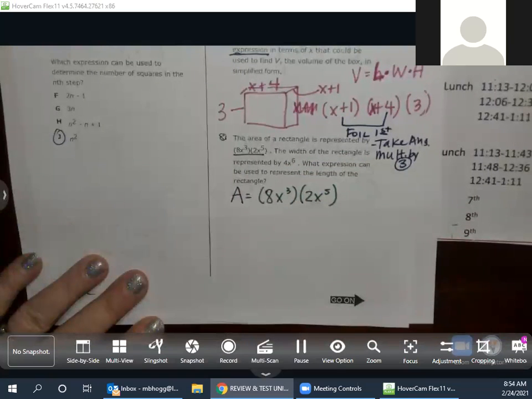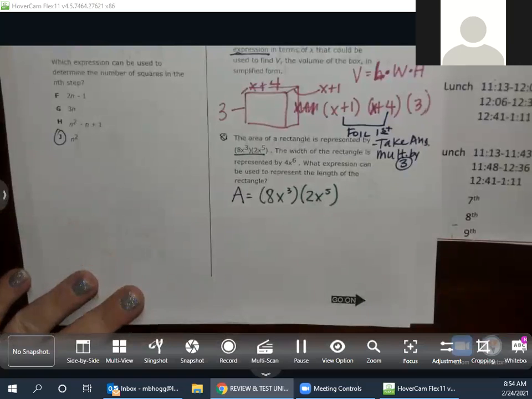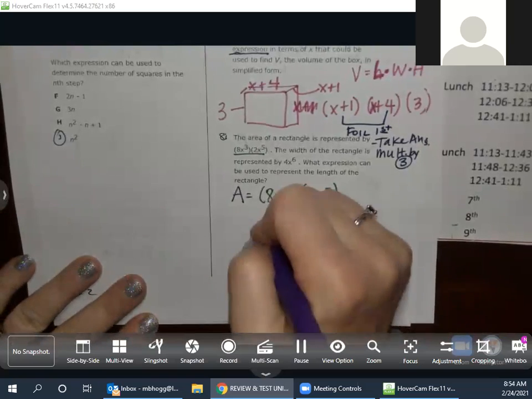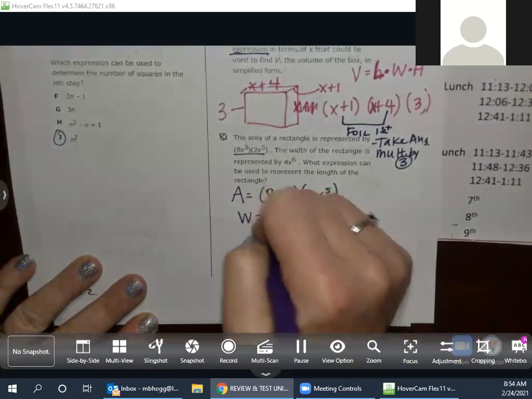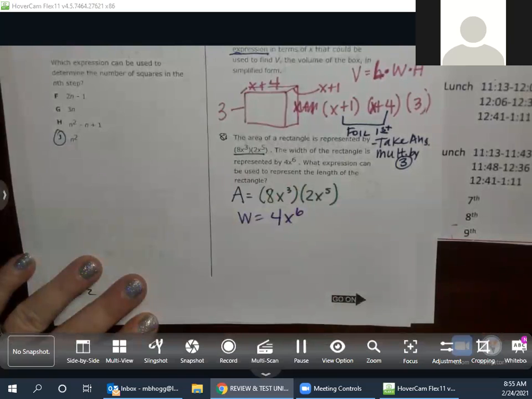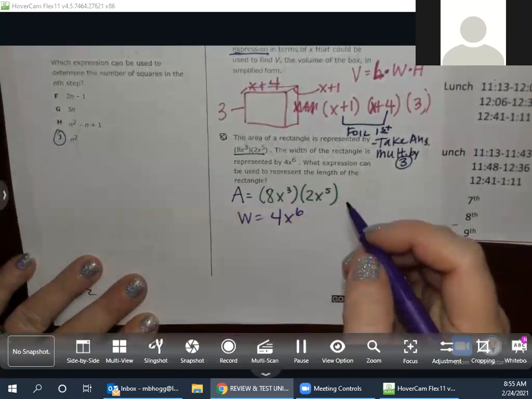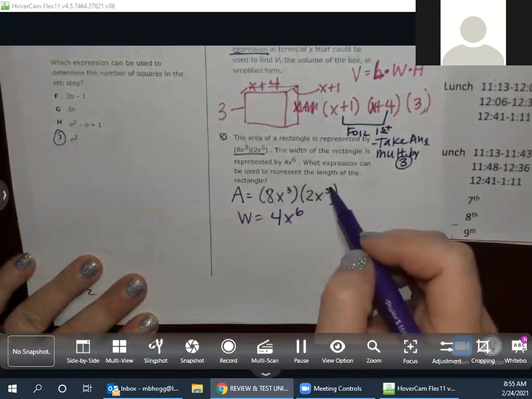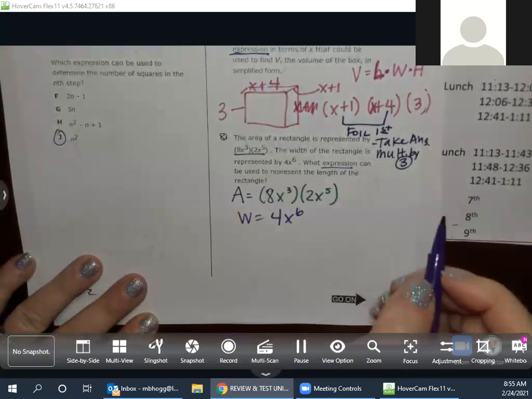Okay, so they're giving us the area. They're also giving us the width, 4x to the 6th. Okay, so how can we find the length? What expression?